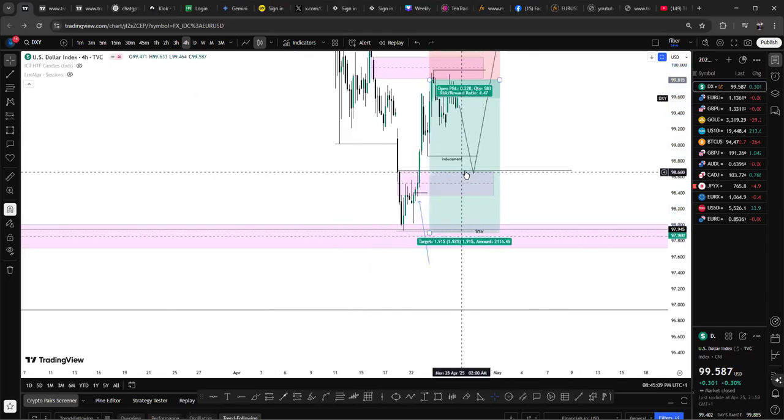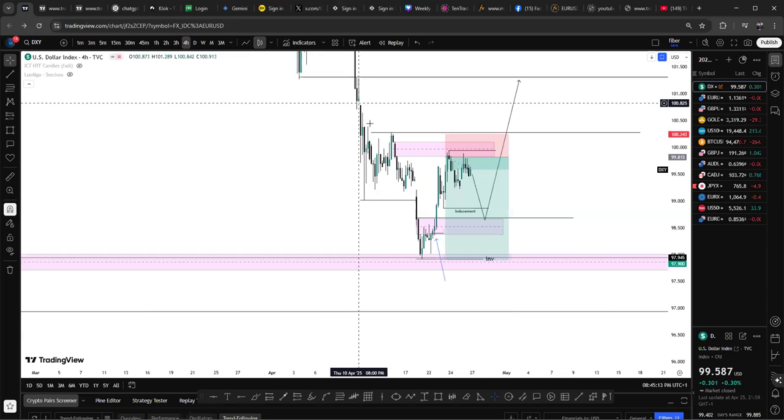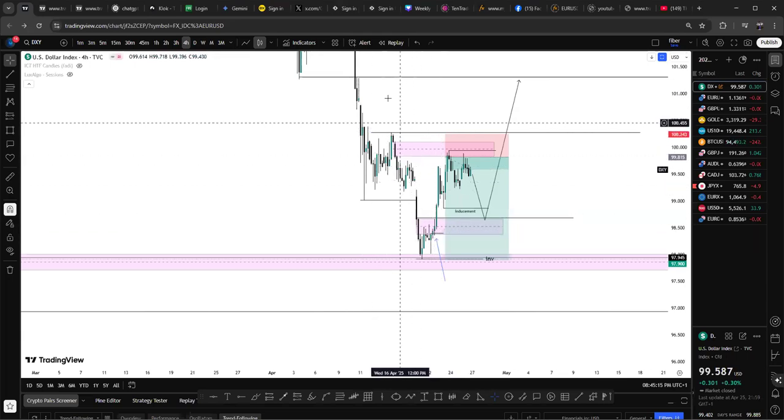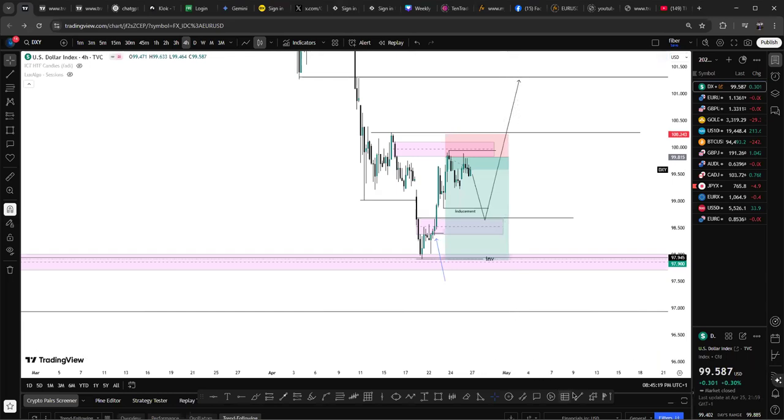So before we buy here, we need good confirmations, because as you can see, there is no proper shift in market structure yet. So we need confirmations before we buy. That's for DXY.